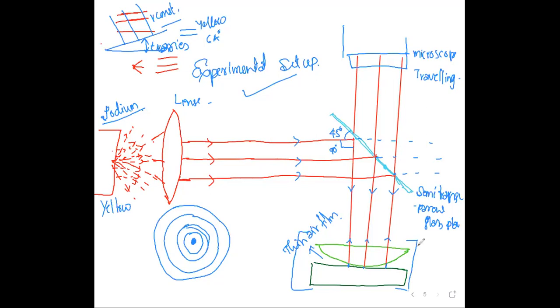Okay, this is the experimental setup. Then how to measure the readings. We understood till now the formation of rings, and we discussed the experimental setup here.